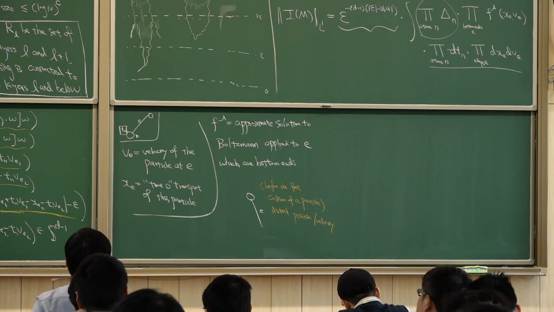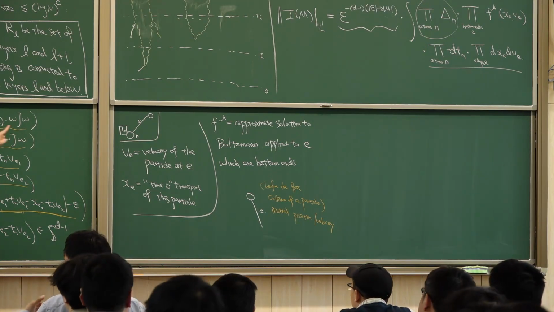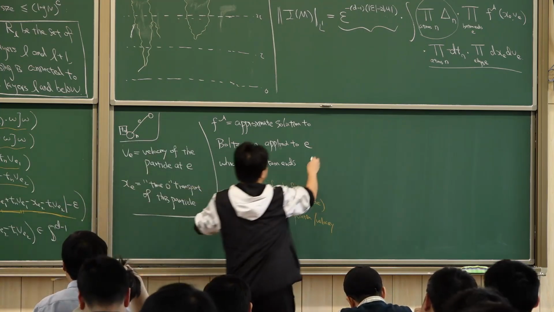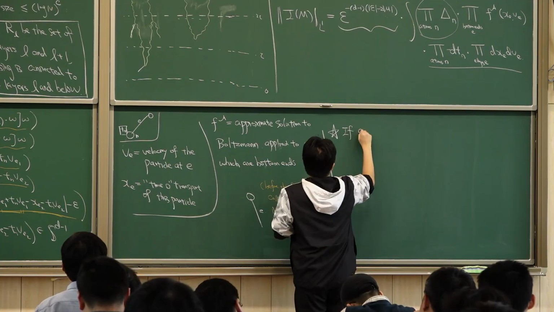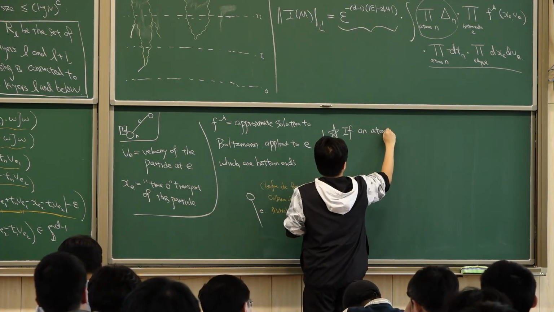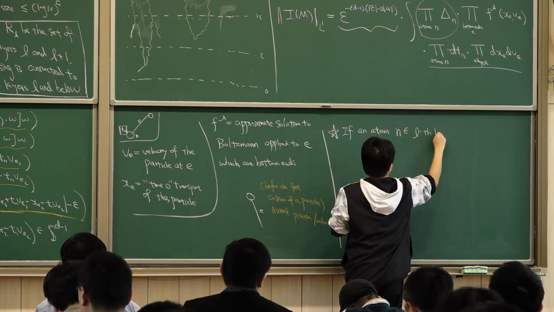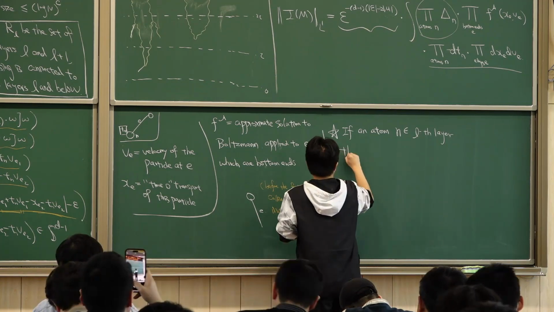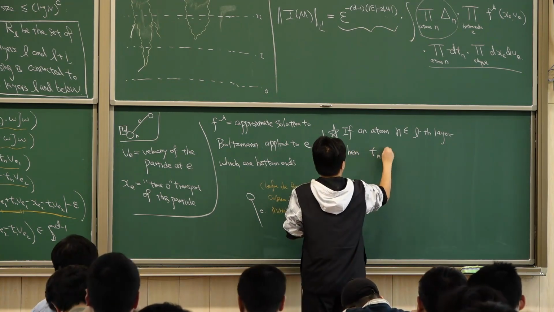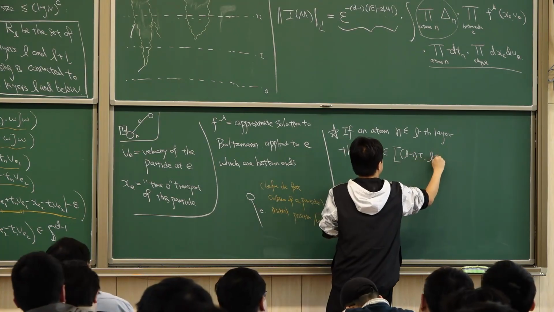Tn started from which time point? Yeah, good question. So Tn depends on the layer. So actually, here let me just remark that. If an atom n belongs to L's layer, then Tn belongs to between (L minus 1) tau and L tau.